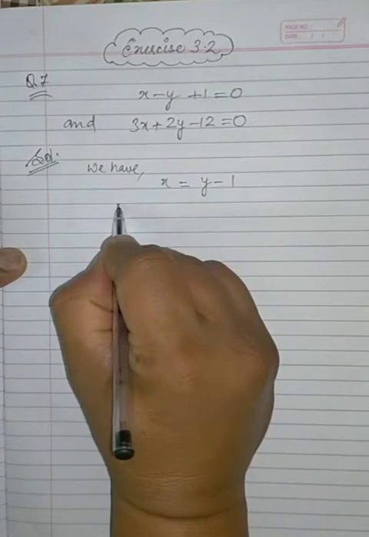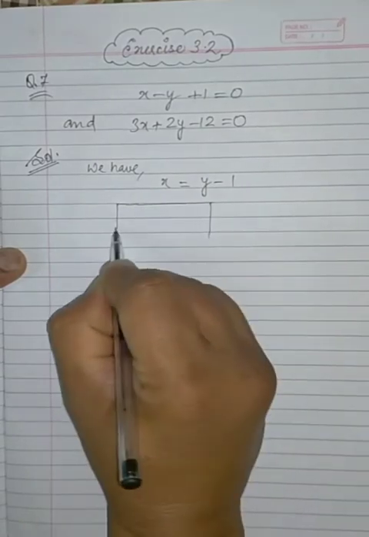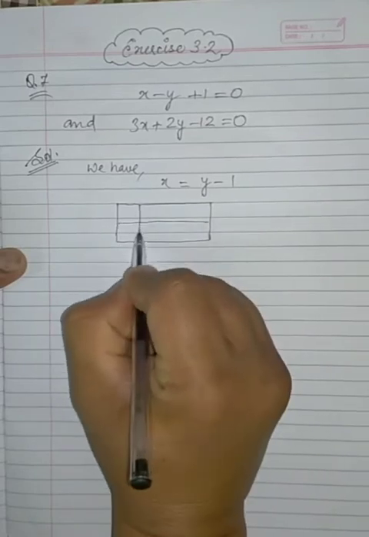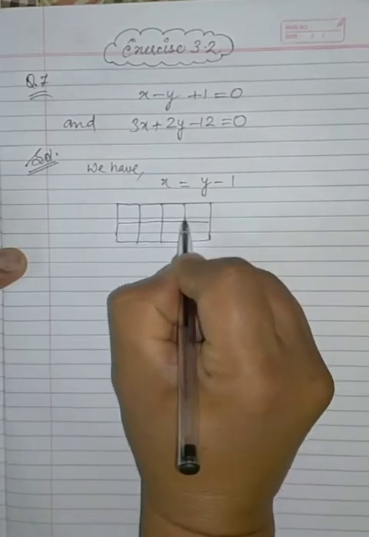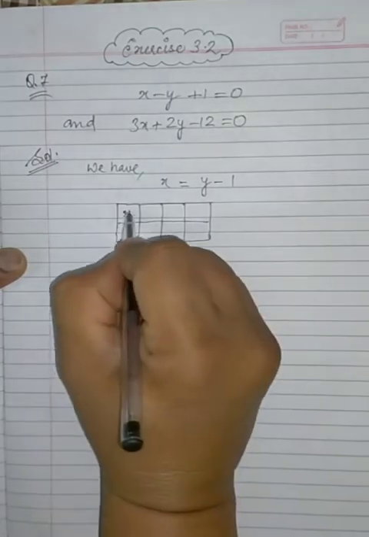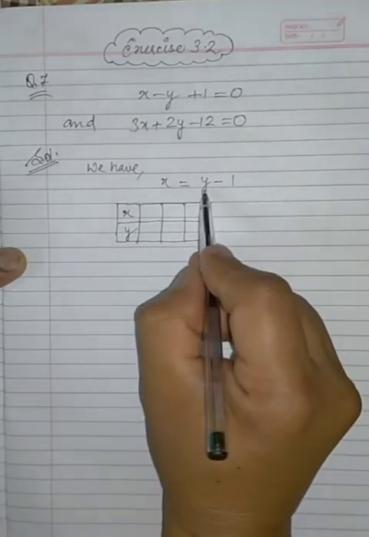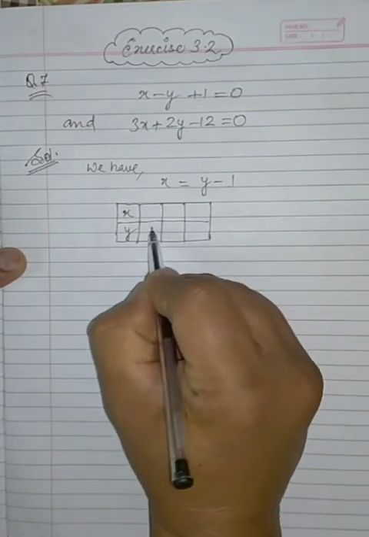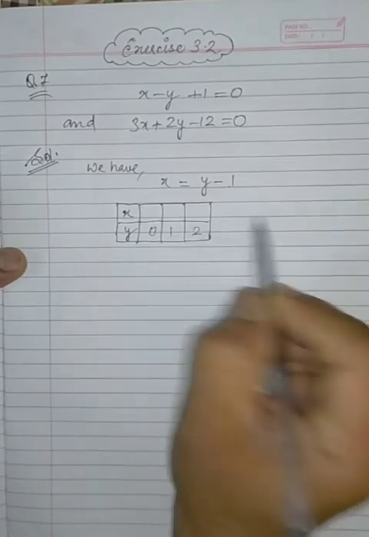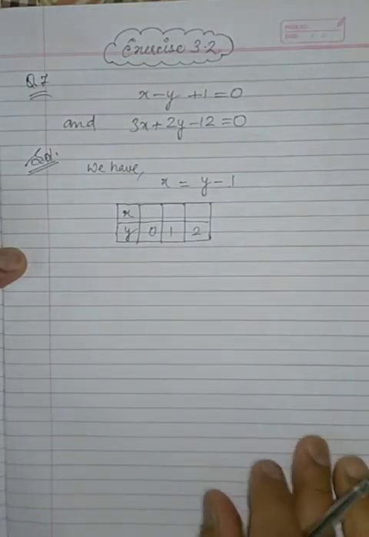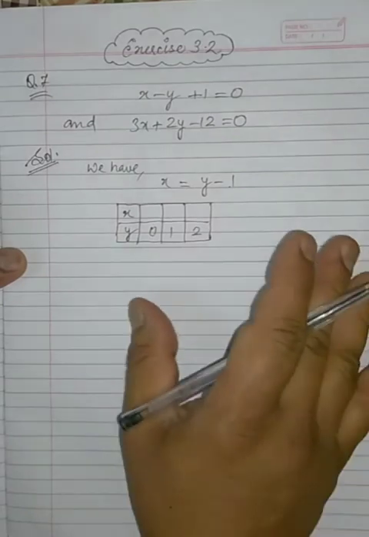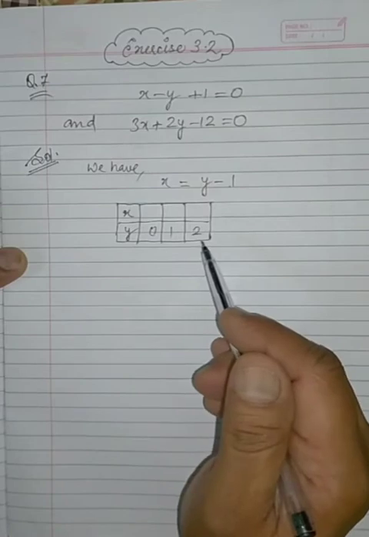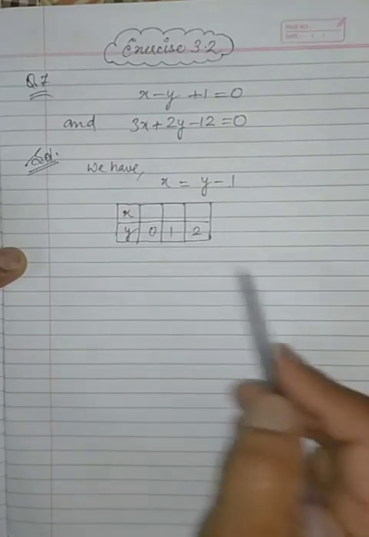And for this, if we make a table for the values of x and y, now if you put here the values of y as 0, 1 and 2, simple values, we just make sure that the values which we put here are not too far, otherwise it will be very difficult to join them, to plot them in the graph.